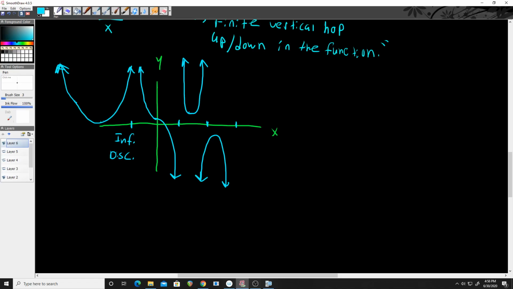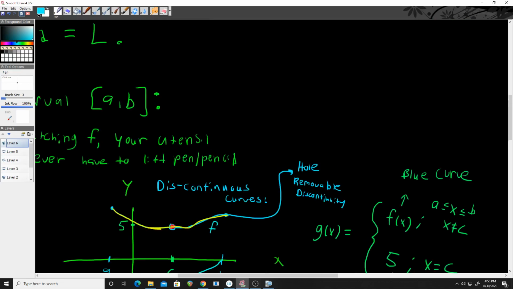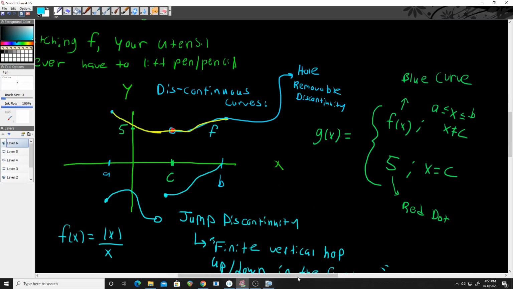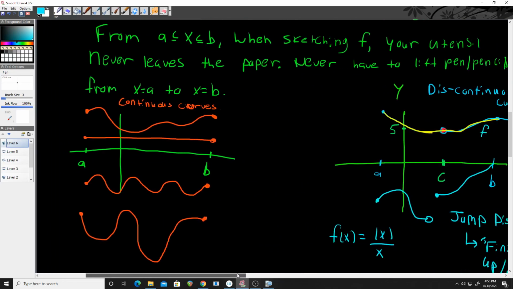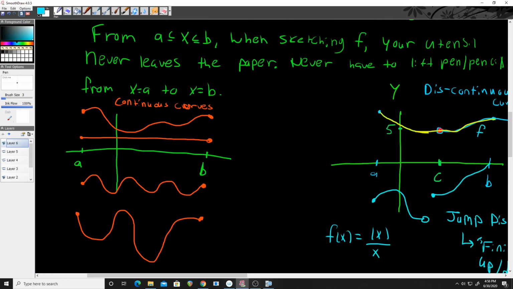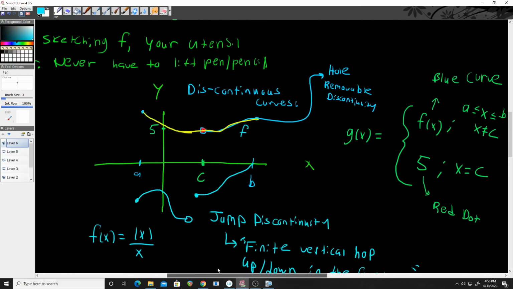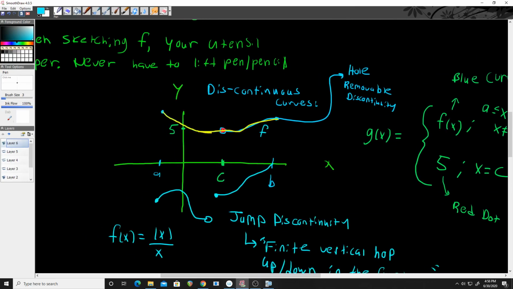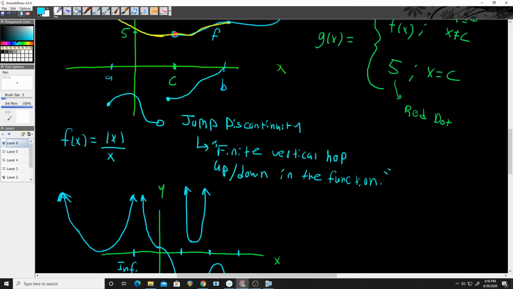Okay. So good. So, yeah, just to summarize, right? A continuous function means that you can sketch from A to B without lifting your utensil at all. Okay, and then if you have to lift your utensil for any reason, we call that a discontinuity.